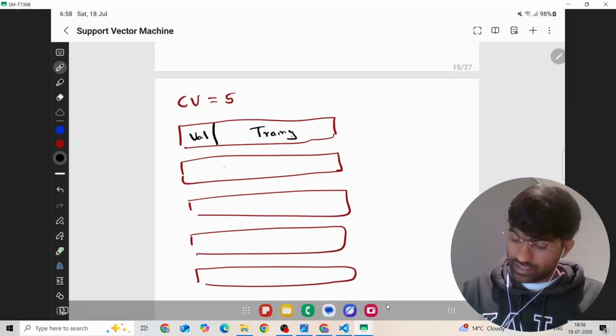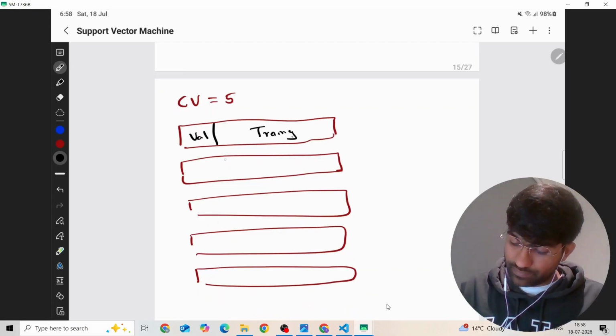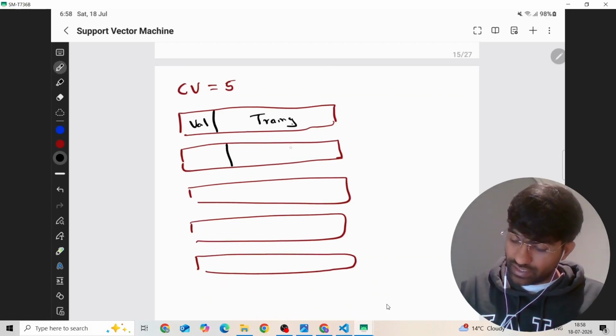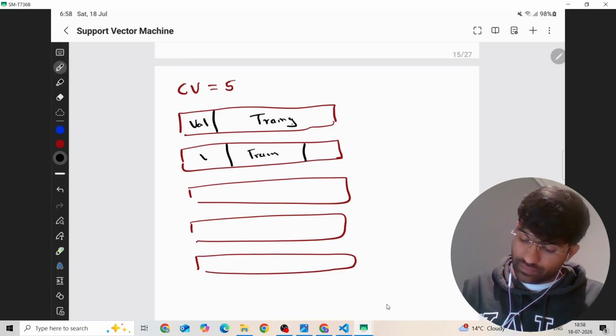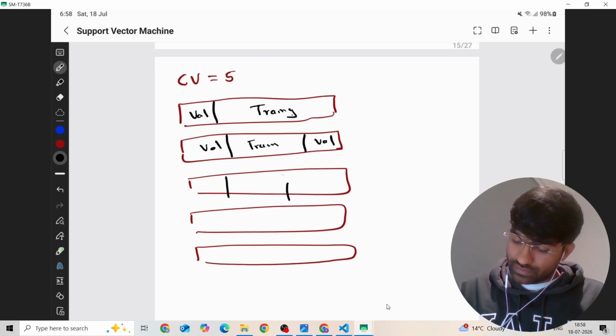Again, in the next training step, it will again split the data: training, validation, validation, training.